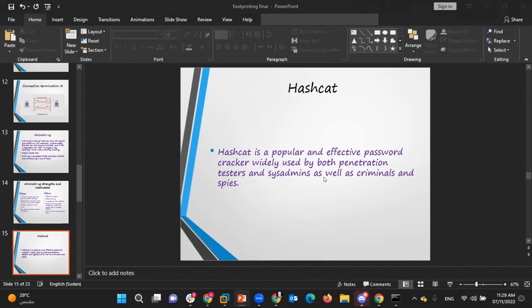Sometimes system admins use the Hashcat tool to find password weaknesses in their organization. So it's famously used by system admins also. It's used by attackers, penetration testers, and system admins.